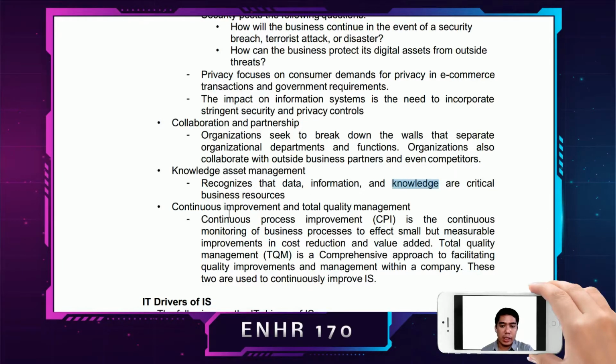so that you could use this data, information, and knowledge for decision making and for innovation. And also, we have here the concept of total quality management. It shows how important continuous process improvement and total quality management are. Today, it's not just about producing a product. The competition is no longer about quantity, but more about quality.